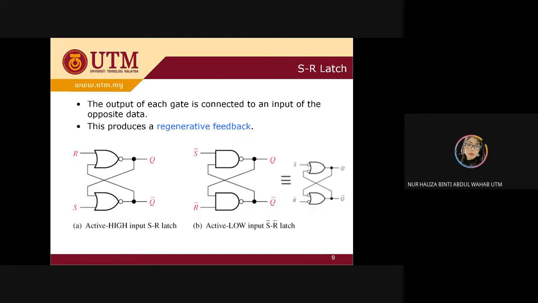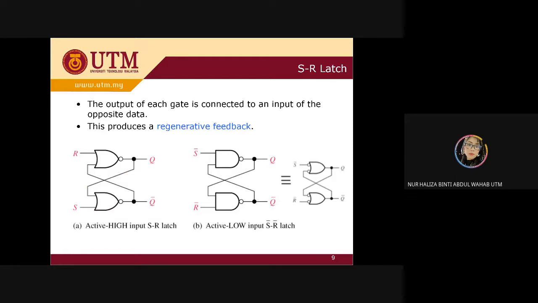So you have 2 types of SR latch, active high and also active low. When you connect the output to the input side, it's called regenerative feedback, because you have the output connected to the input.